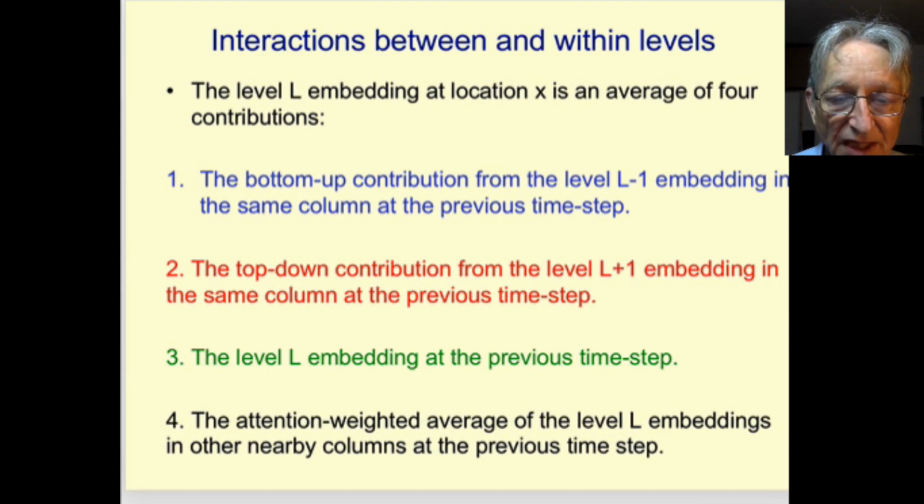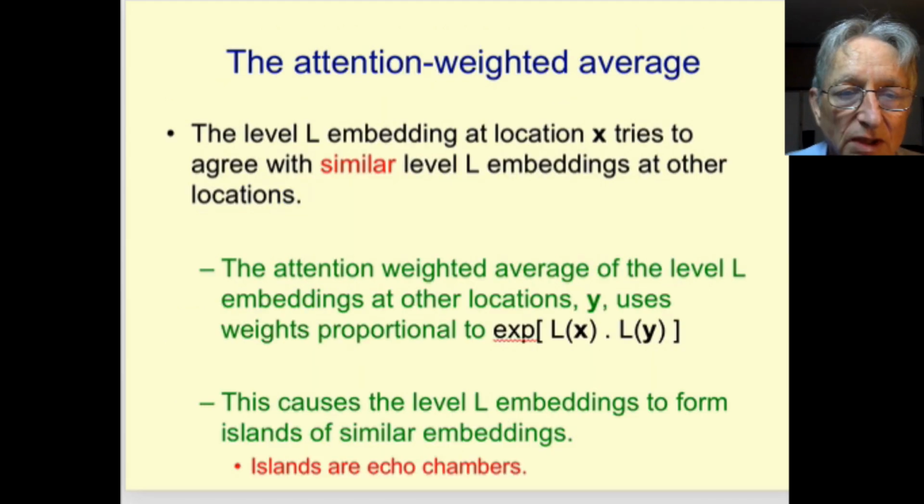That is, if you're similar to another location, you'll make a strong prediction that it should be the same as you. If you're different, you'll only make a very weak prediction that it should be the same as you. So this is a kind of attention that's used in transformers, but the interactions here are much simpler. There's no issues of keys and queries and values. The embedding and the key and the query and the value are all the same thing here.